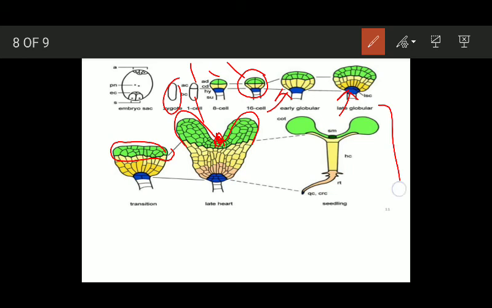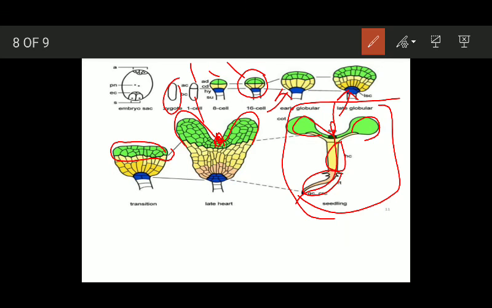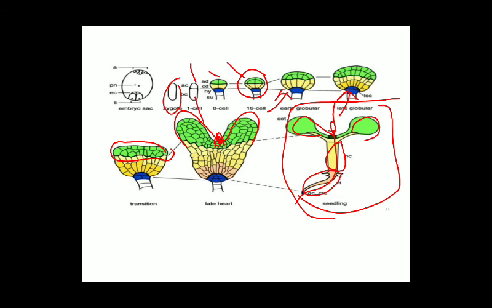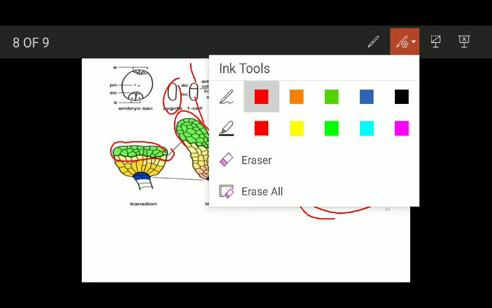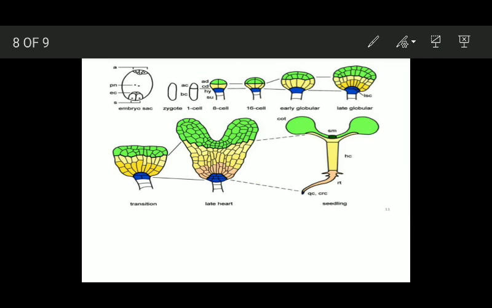Finally, when all the development has taken place, you have this embryo which has an embryonal axis and two cotyledons. The embryonal axis has the plumule at the tip, which forms the future shoot. Then we have the hypocotyl, and at this point you have the radicle, which gives rise to the future root.